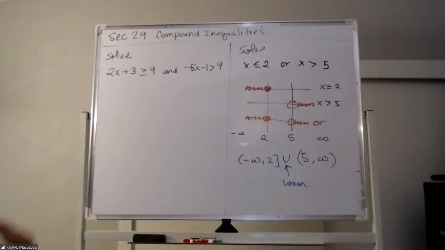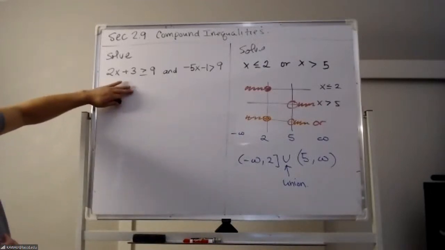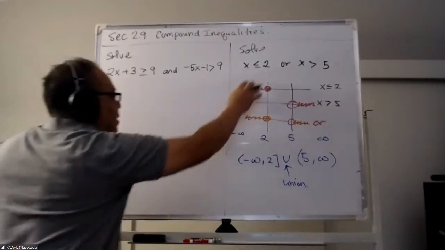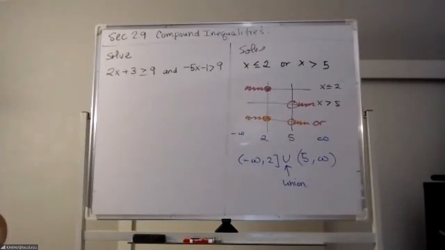Okay. So the first thing you have to do is simplify this side and simplify that side so it looks like this. Okay, so go ahead and do that.